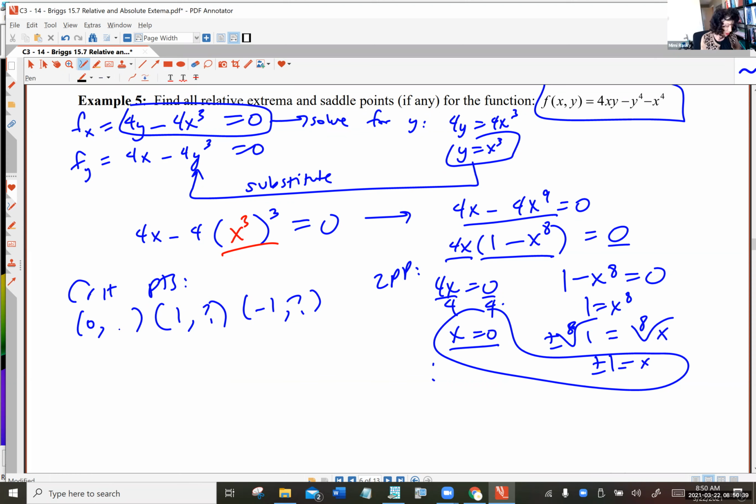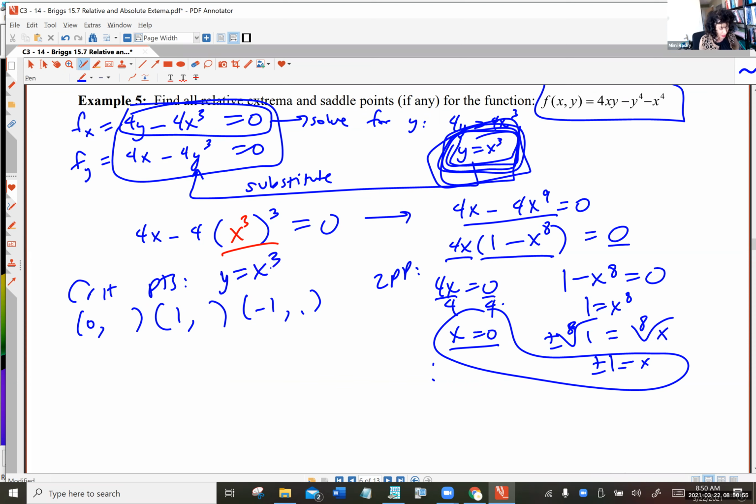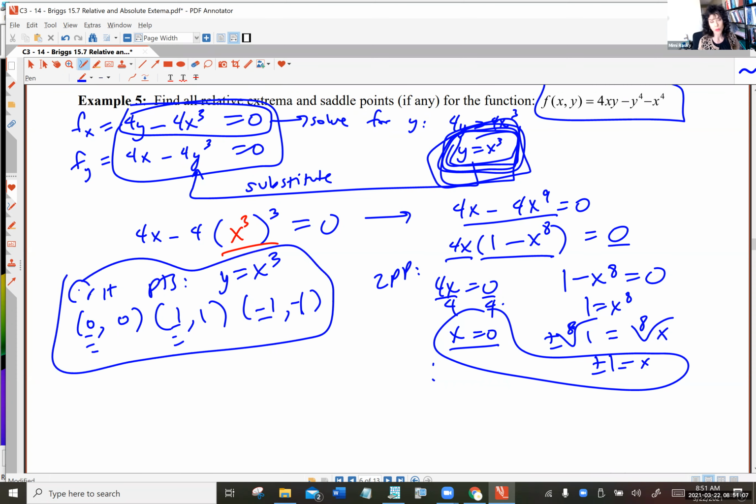Yeah, you can substitute it into either of the 2 original equations, although a smart way to do it is remember that you already solved for y in terms of x back here when you were using your substitution method. Just use that. Since y is equal to x cubed, if x is 0, then y is 0. When x is 1, 1 cubed is 1. When x is -1, -1 cubed is -1. So boom, I got all 3 critical points.